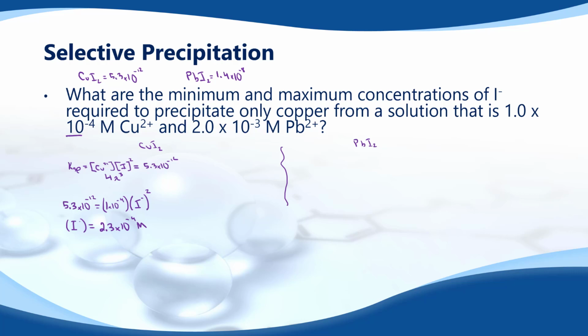So that's my lower limit. For lead iodide, I'm going to work with my upper limit. KSP is equal to the concentration of Pb2+ times I minus squared.